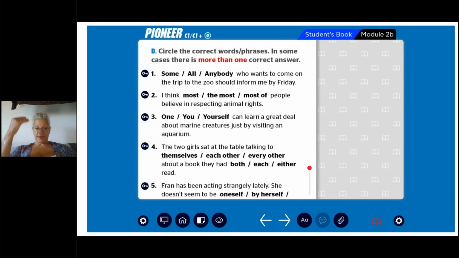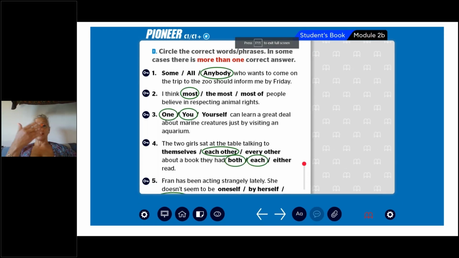So let's just say you give this task and you're doing this with your students, and we have a look at the correct answers. Here we have the correct answers: anyone who wants to come on the trip to the zoo should inform me by Friday.